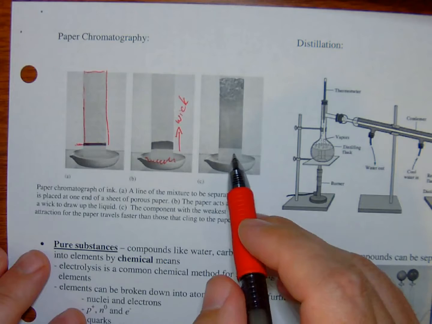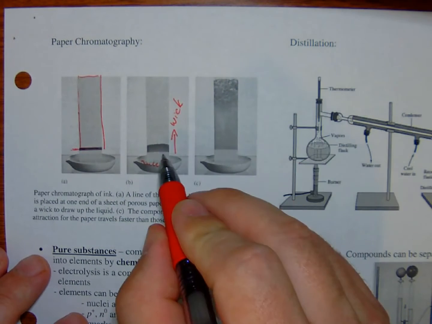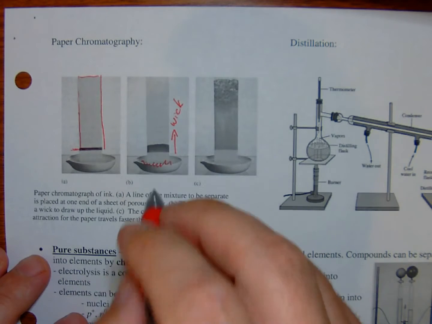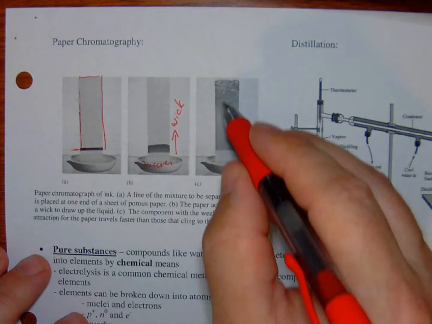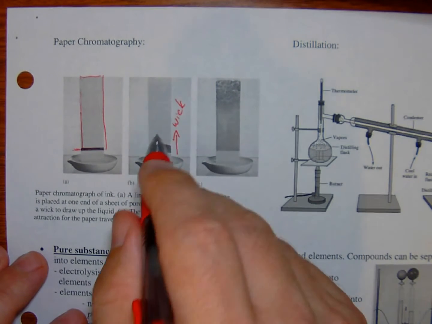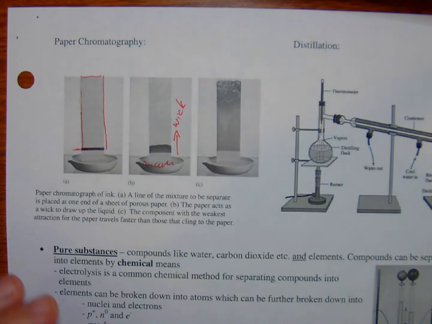What would happen is, you can't really see it in this black and white, but you can see these shades of gray, the different pigments in that ink would separate out based on their attraction to this filter paper, right? You see things like yellow pigments don't travel quite as far because they're more attracted to the paper.